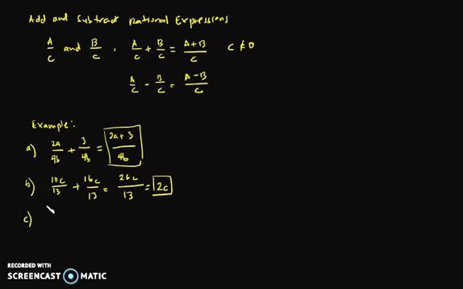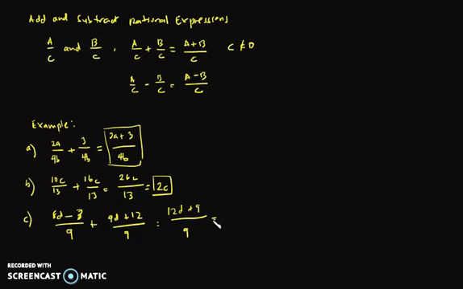Next example: 8d minus 3 over 9 plus 4d plus 12 over 9. Again, just copy the denominator, that is 9. Then add the numerators. 8d plus 4d gives you 12d. Negative 3 plus 12 is positive 9.